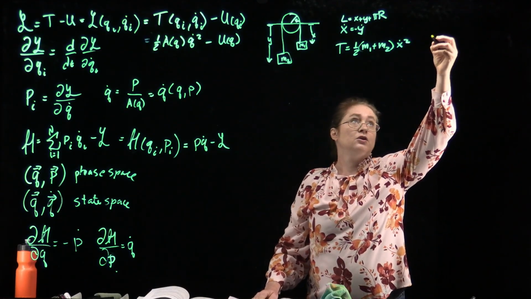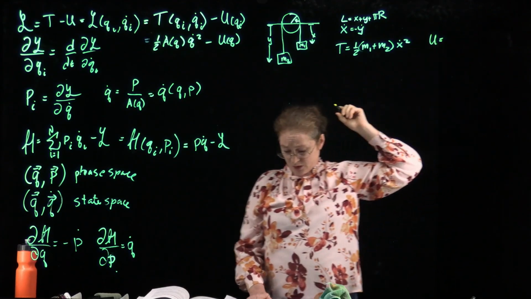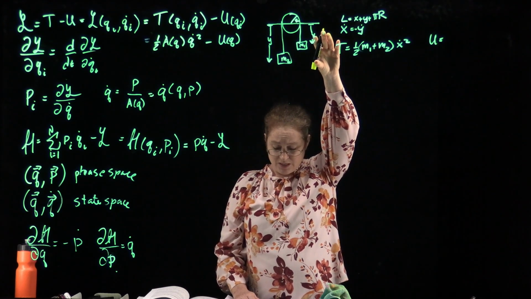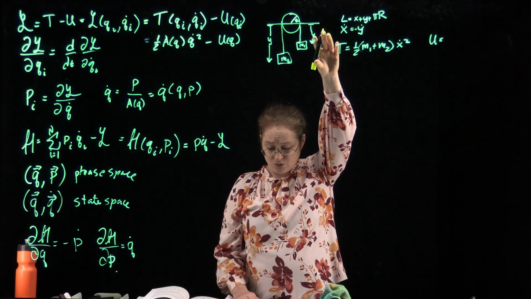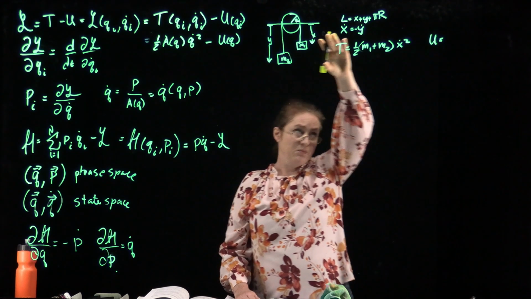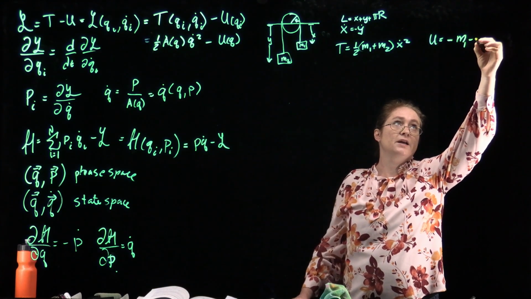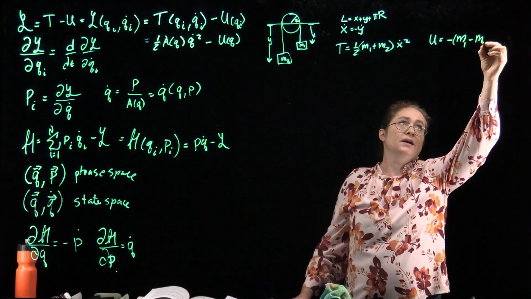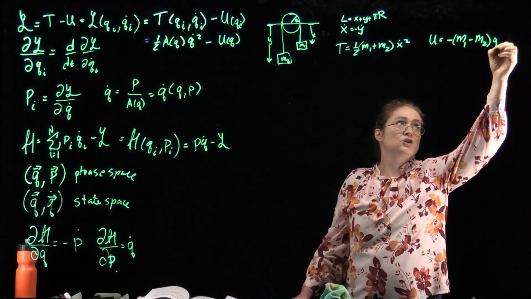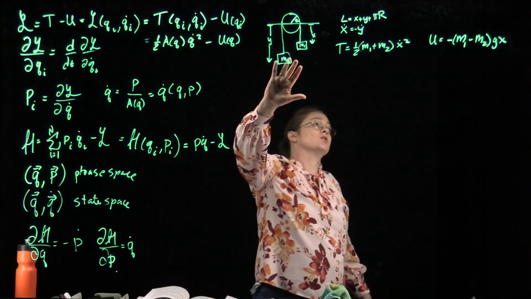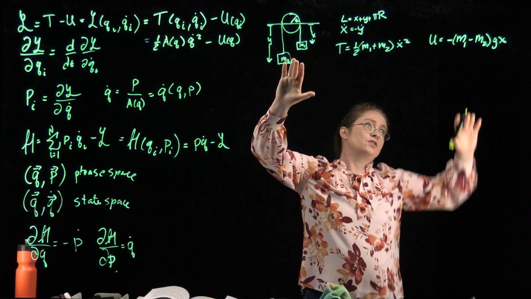And U, the potential energy, we are going to define the potential to be 0 when the two masses are at the same height. Our potential we'll write as negative m1 minus m2 gx. So, sorry, that's not if the masses are at the same height.